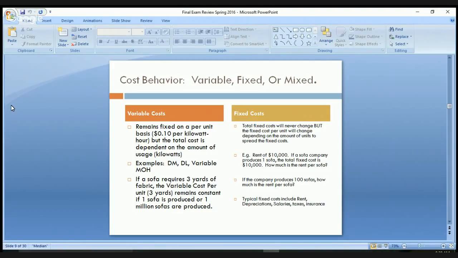The example they give is the amount of fabric to complete a sofa. That would be considered variable because it's driven by the number of sofas you make. Rent would be a fixed cost. It doesn't matter how many sofas they make, they still have to spend $10,000 worth of rent. Some of the typical fixed costs include rent, depreciation, salaries, taxes, and insurance.